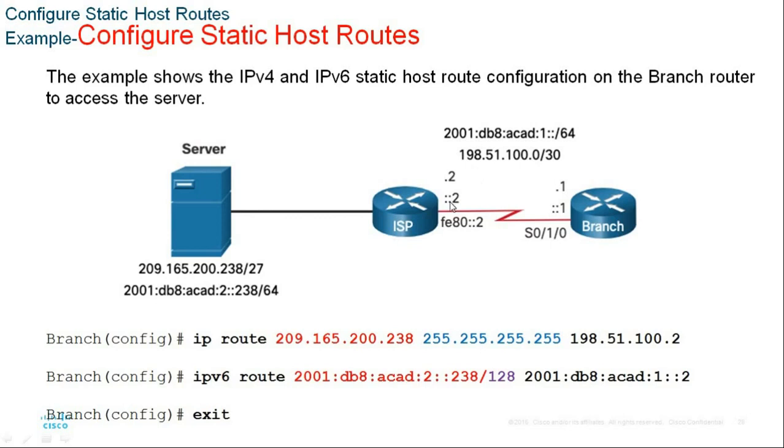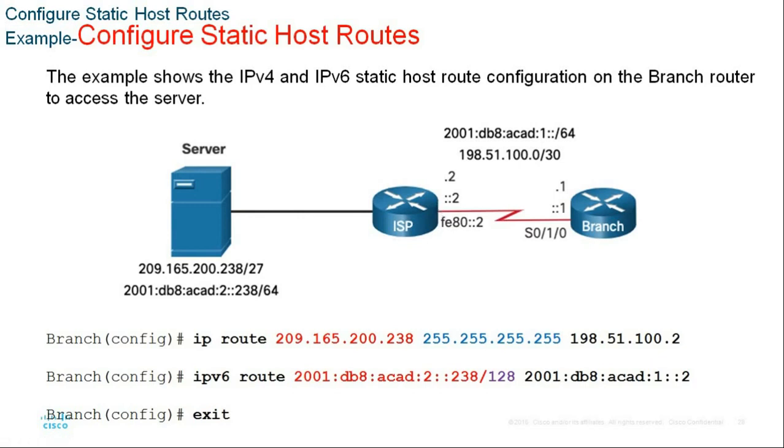I am using dual-stack networks here: 198.51.100.0/30, where the first IP is assigned here and the second IP to the ISP, as well as the IPv6 global unicast network 2001:DB8:ACAD:1::/64, where 1::1 is assigned here and 1::2 is assigned to the ISP.